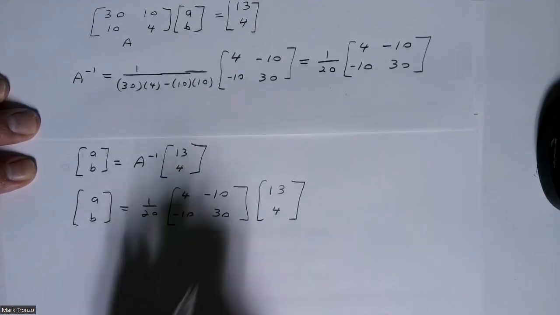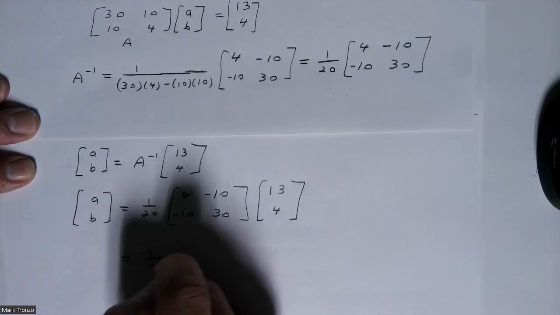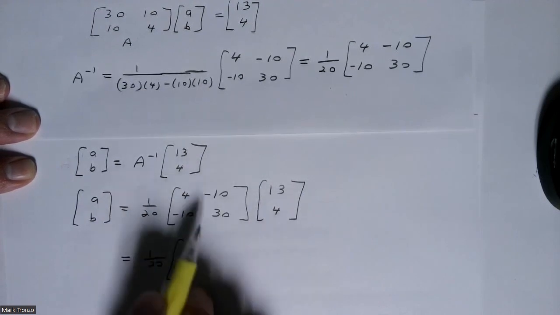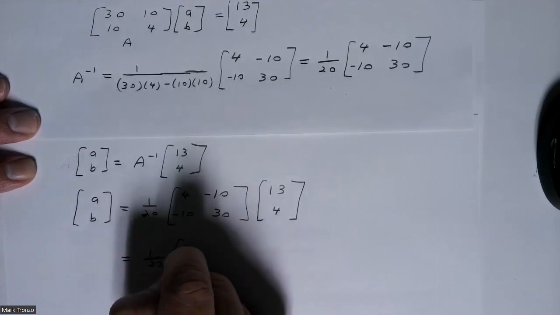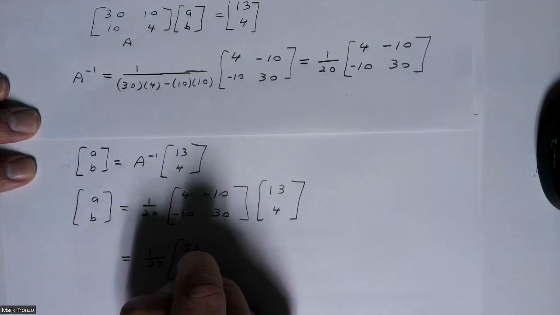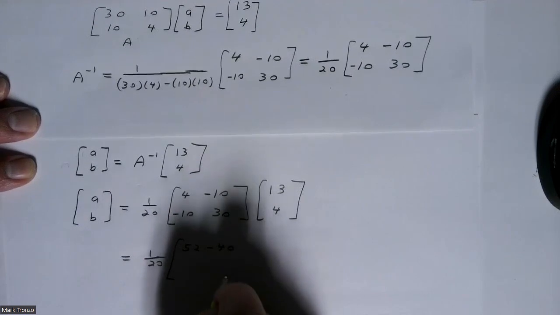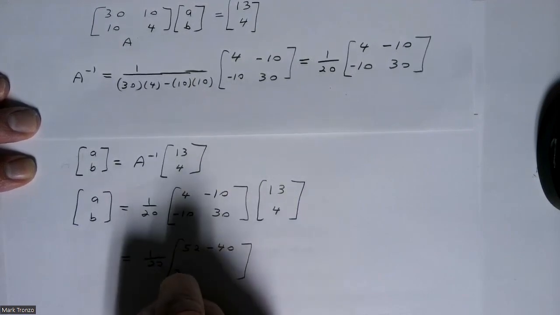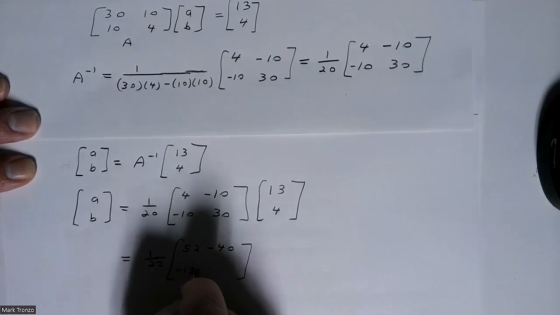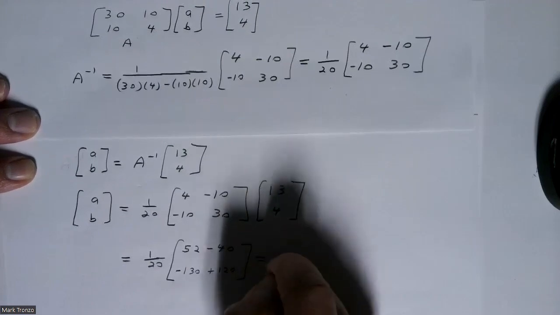And if we multiply these out, what is that? Could be 4 times 13 is going to be 52, and that'll be minus 40. And this is going to be what? Minus 130 plus 120.